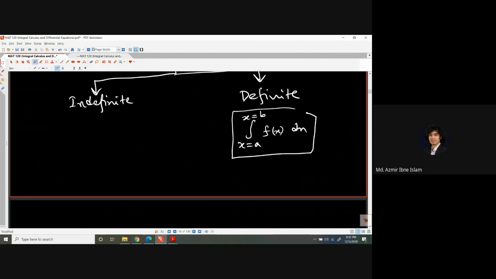So this is called the definite integral. It will finally give us one finite value, that is the area. But if we don't have any lower limit and upper limit, but still we are integrating the function with respect to x, we must get one antiderivative. Is that okay?